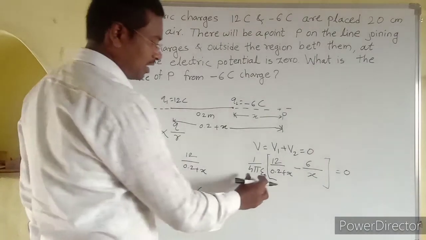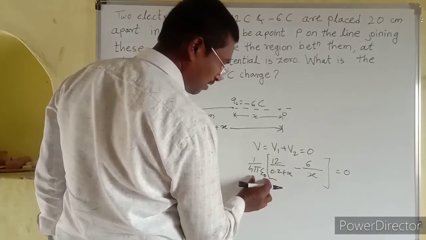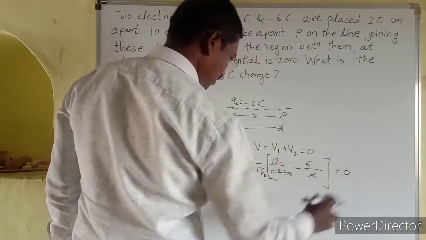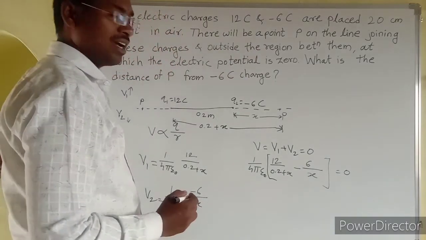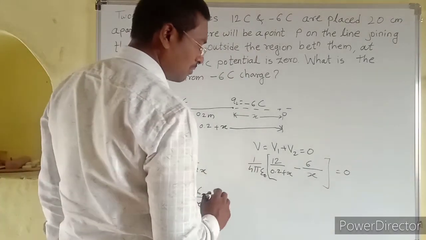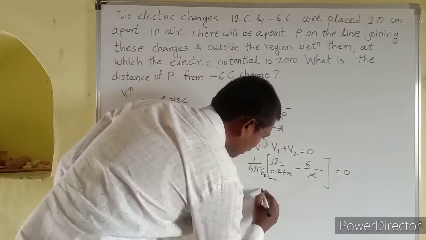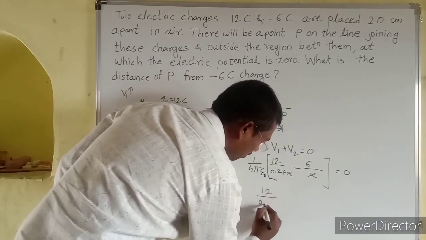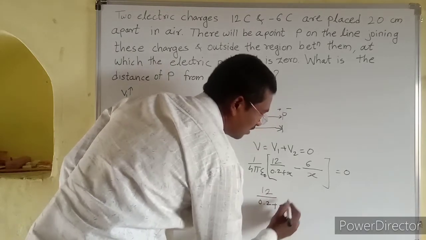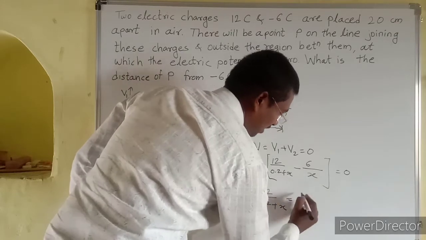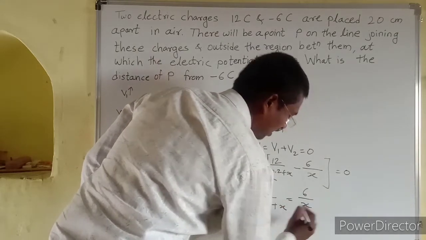If we take 1 upon 4 pi epsilon naught to the right hand side, it becomes 0. Therefore 12 upon 0.2 plus x is equal to 6 upon x.